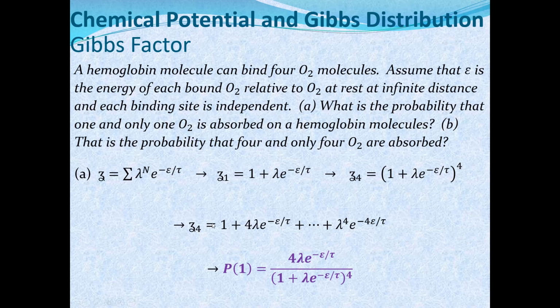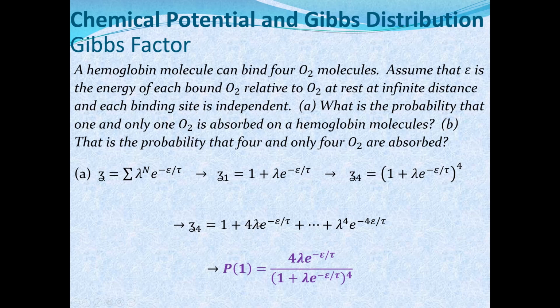So this first term is referring to the possible states for no oxygen molecule absorbed. This would be for one oxygen molecule absorbed. Then the next one would be for 2, and then for 3, and then this would be for 4 molecules absorbed. And we can see here that this does match with what we would expect.